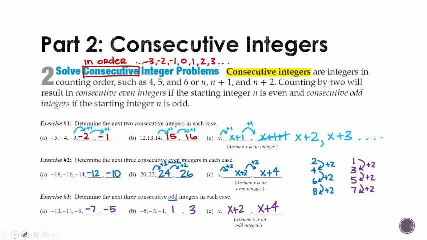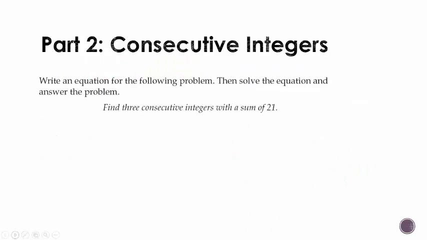So you're going to get problems like this, where it says, write an equation for the following problem and then solve it. Find 3 consecutive integers with a sum of 21. So we want 3 numbers in a row, and these 3 numbers in a row have to add to 21.